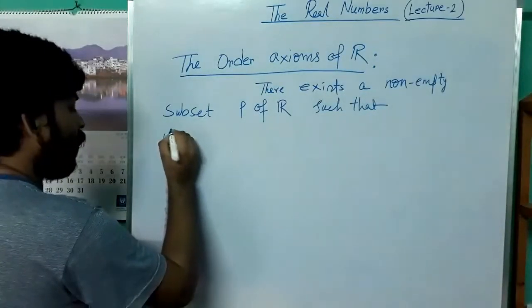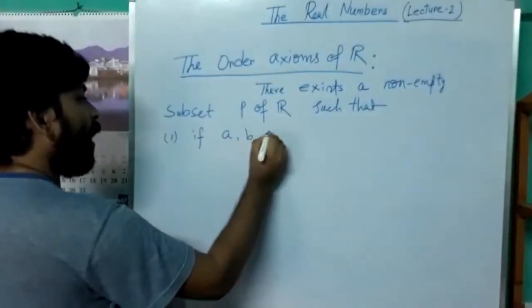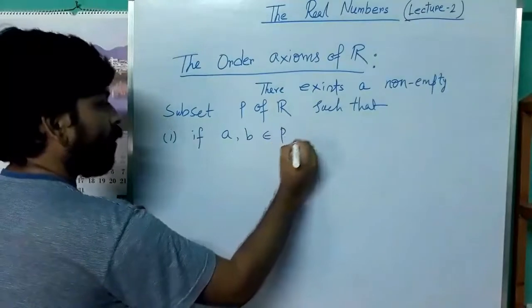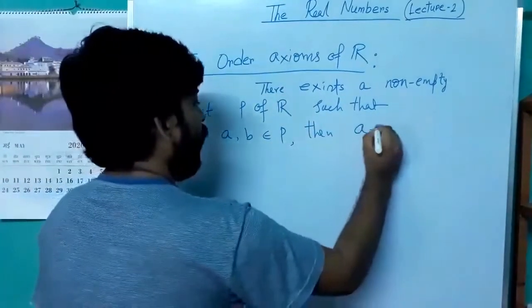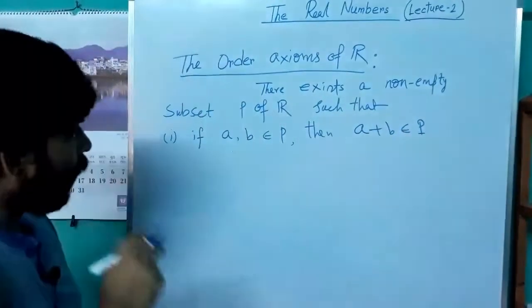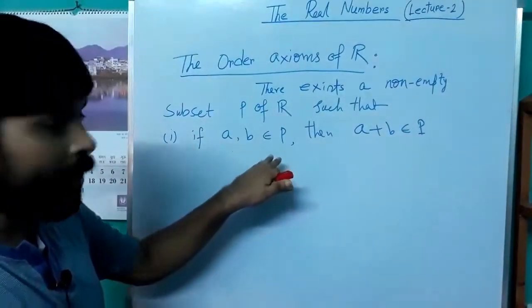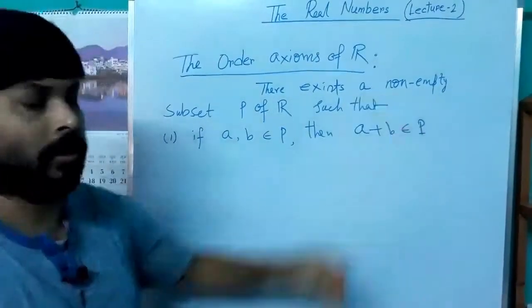That is, if A and B belong to P, then A plus B belongs to P. That means the set is closed under addition.